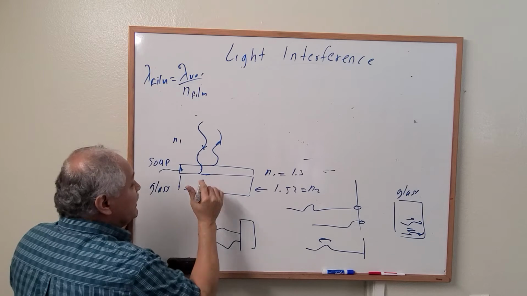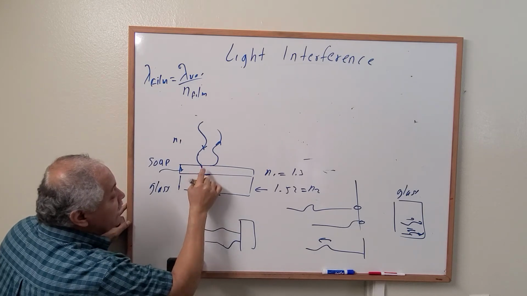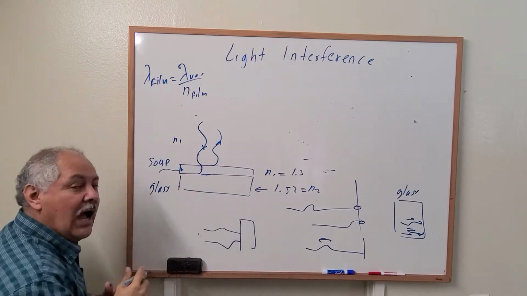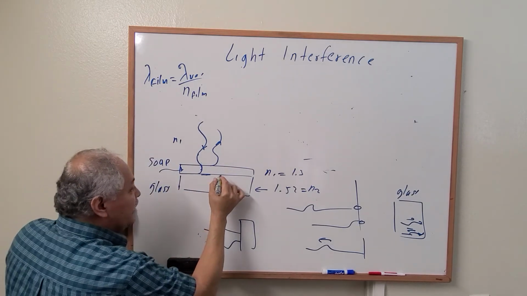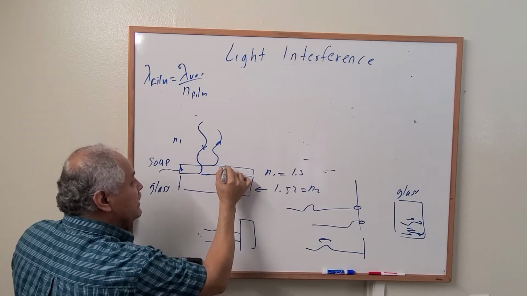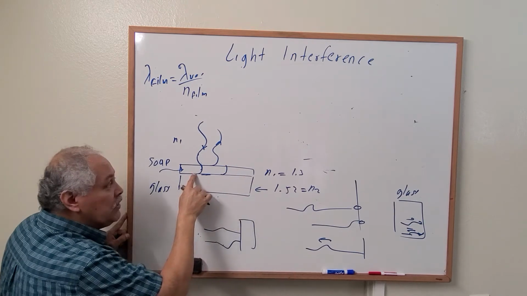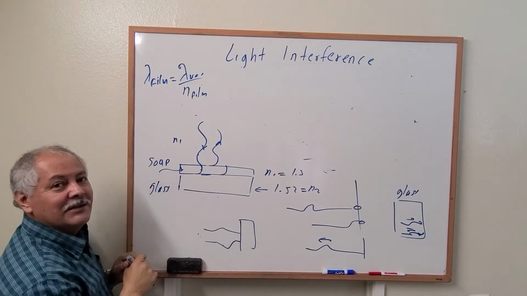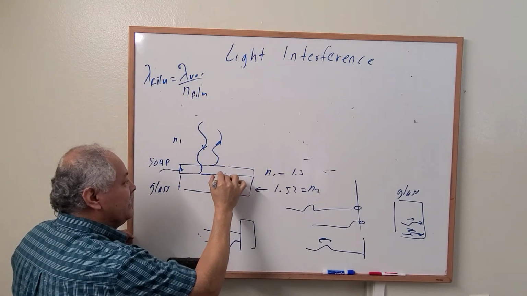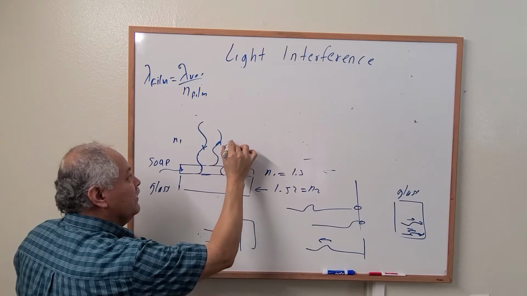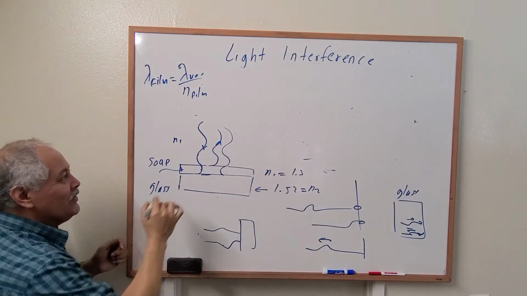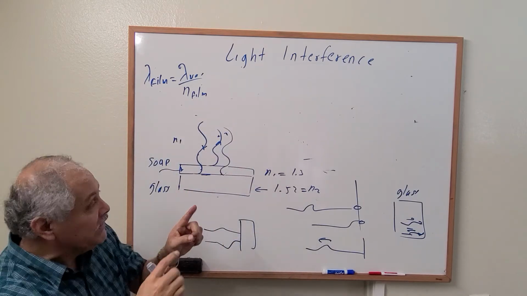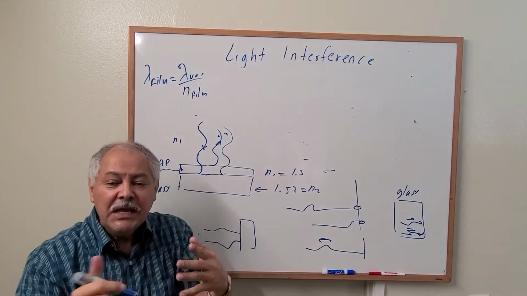This light is reflected by this surface, again out of phase with respect to this one. Also, this one is out of phase with respect to this one, which means that these two are in phase. So these two interfere constructively, and we see light.